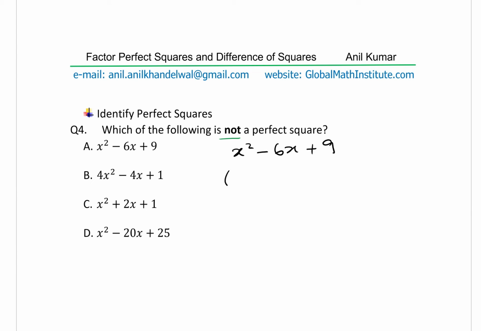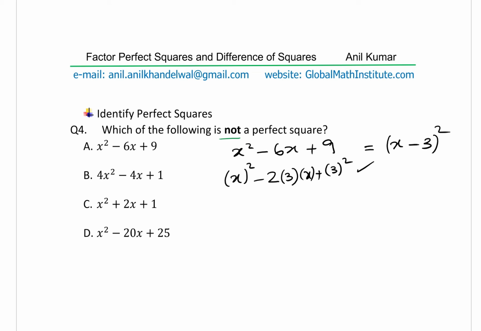As you can see, x squared is a square. 9 is also a square of 3. And the center term is 2 times 3 times x, right? And therefore, it is a perfect square. It can be written as equal to x minus 3 whole squared.